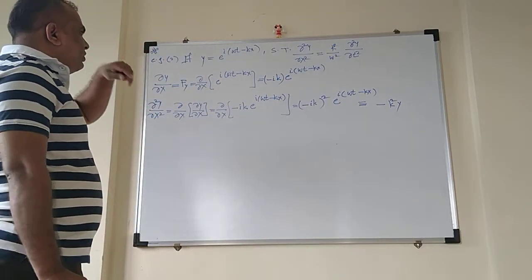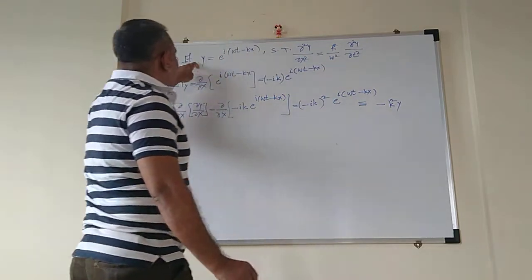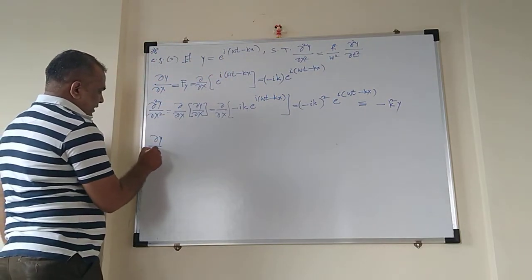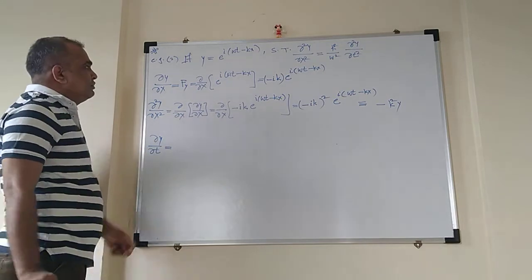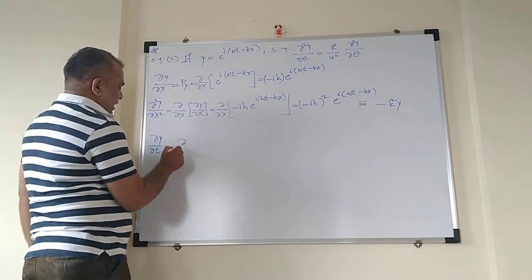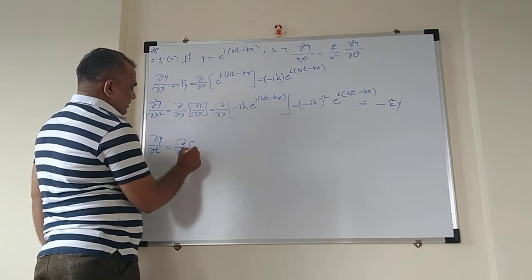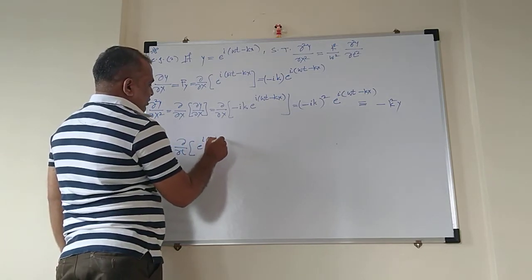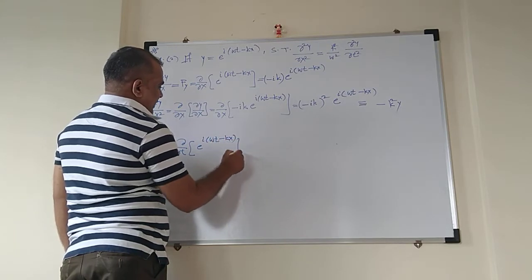Similarly, now let us differentiate the given function with respect to t. So del y by del t is equal to del by del t of the given function, e raised to i(omega t minus kx).